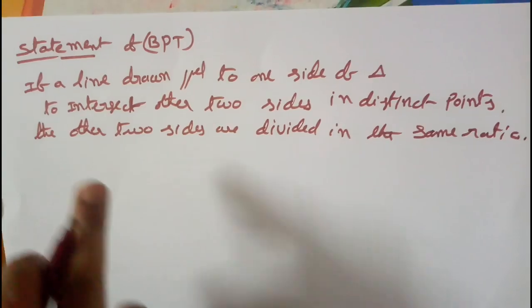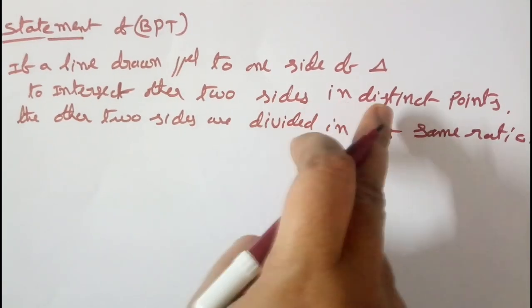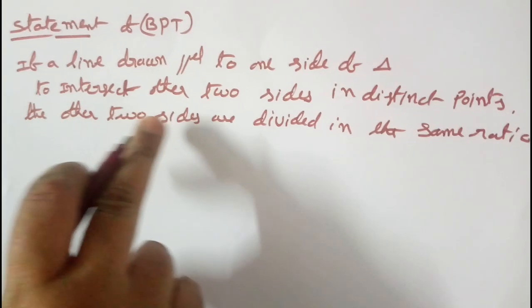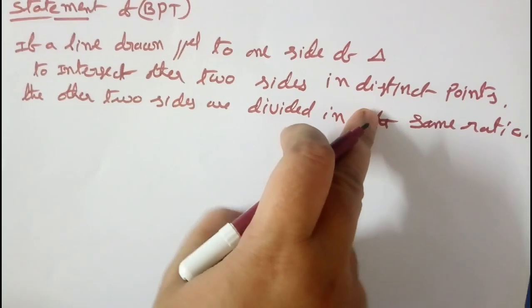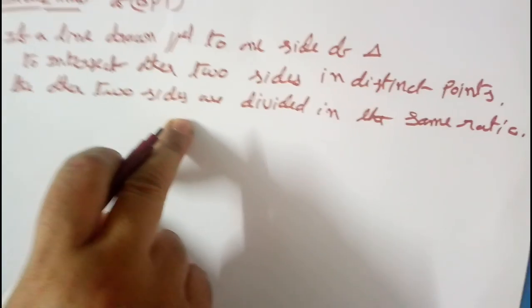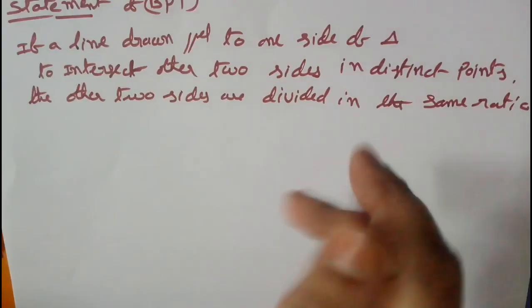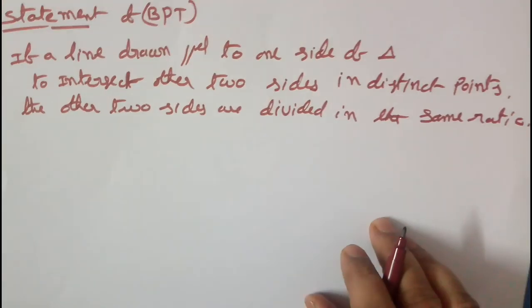So what is the statement? If a line drawn parallel to one side of a triangle to intersect the other two sides in distinct points, the other two sides are divided in the same ratio. So as per the given statement, first we used to draw the figure.